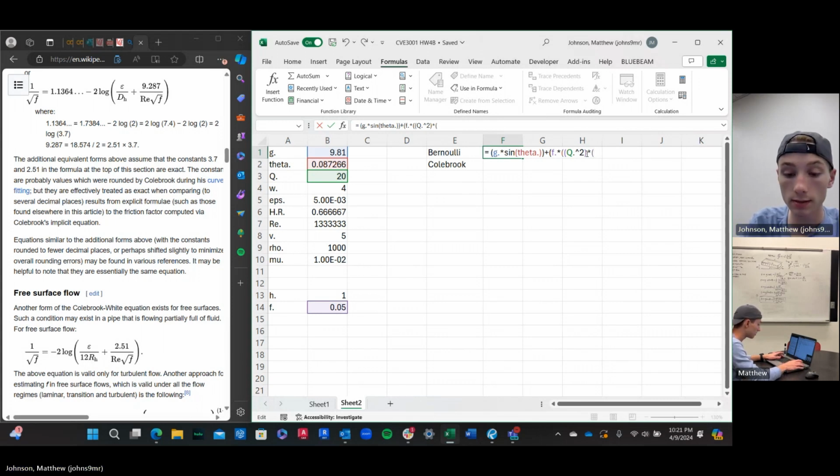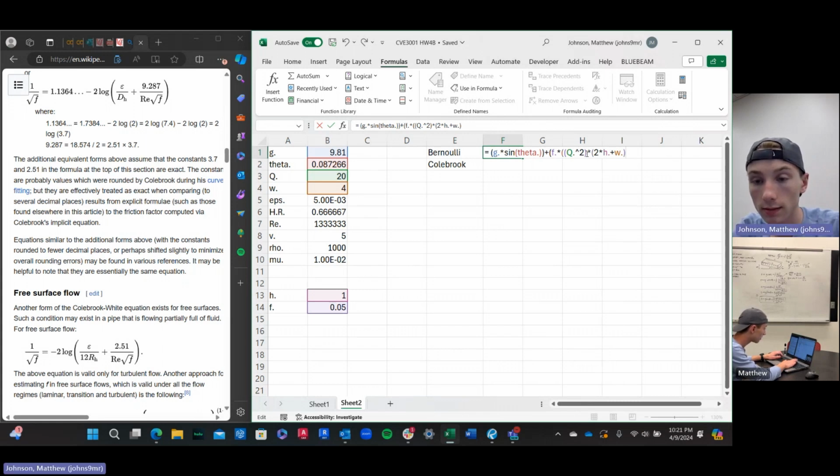We have 2 times h plus w. Divided by, make sure I got our parentheses in the right spot here.